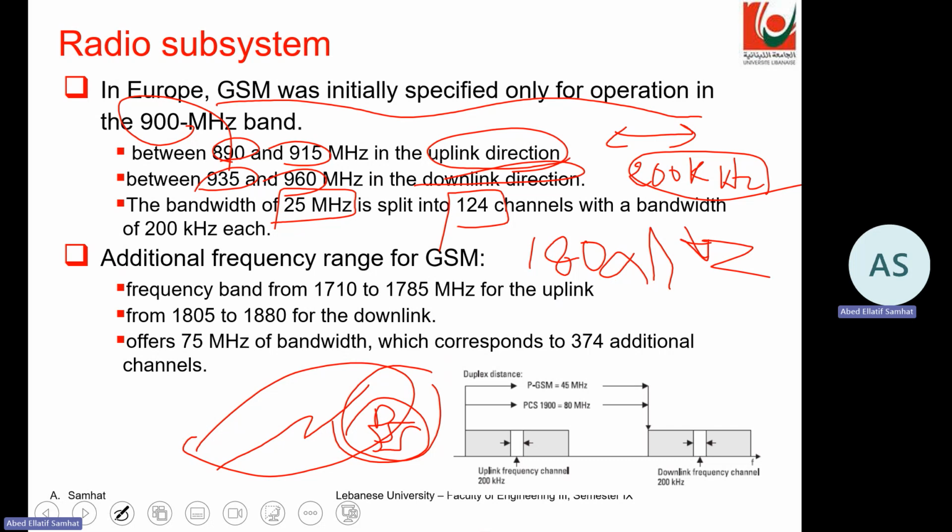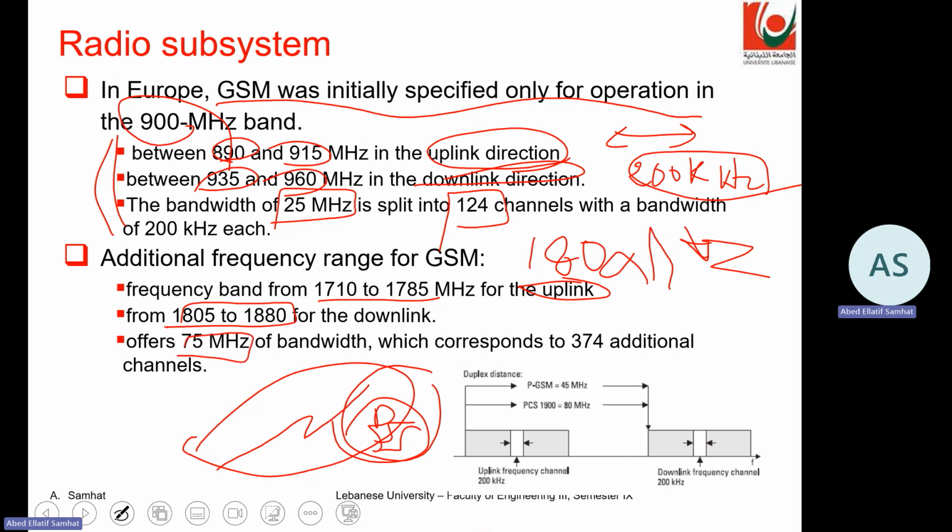Besides the 900 megahertz band, there is another band, which is from 1710 to 1785 for the uplink, and the other one is for the downlink. Here we have more channels because we have 75 megahertz.